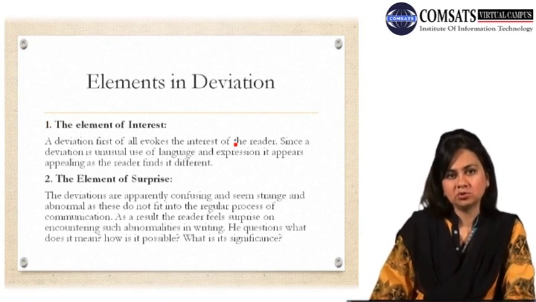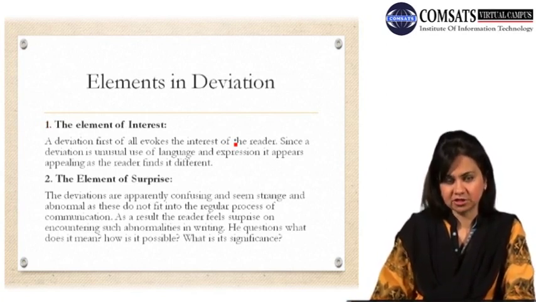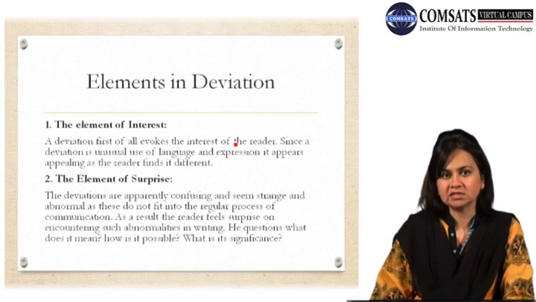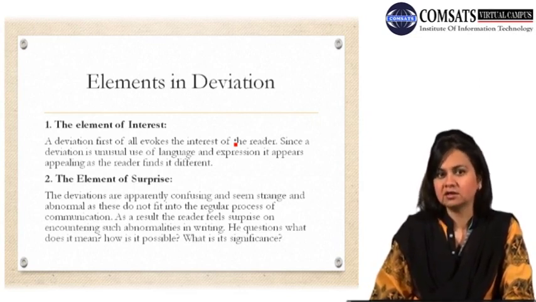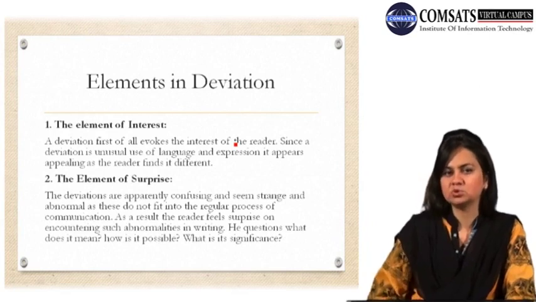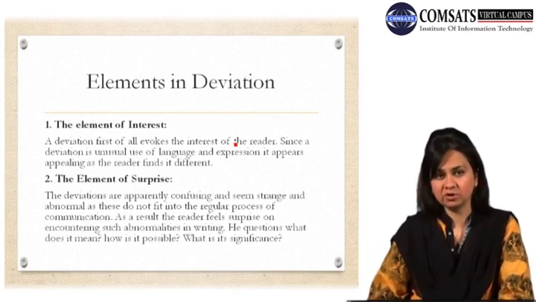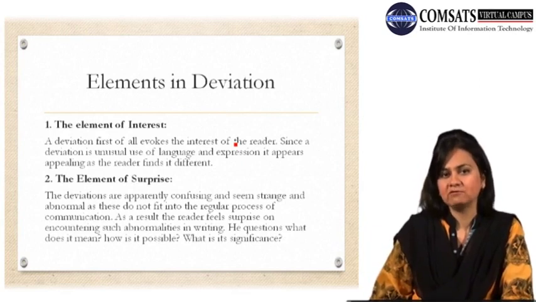Now, deviation depends upon two very interesting elements, which are in the reader's mind as well as in the writer's mind initially when they create a text. The writer makes use of deviant expression to create foregrounding in the text because he wants to make the reader attend to the text, take interest in the text, and he also wants to surprise the reader.